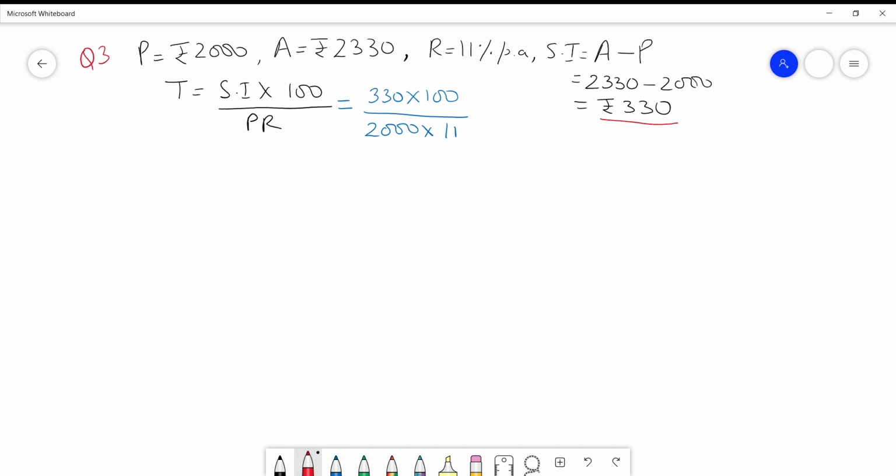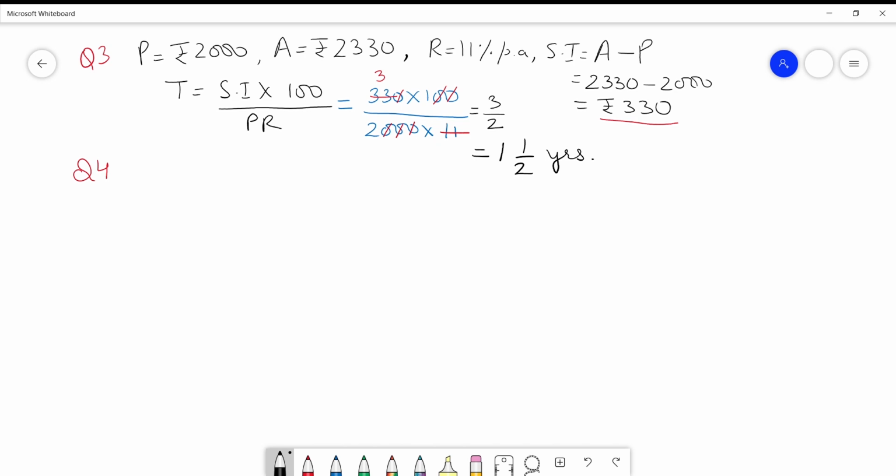Now we will cut 3 zeros with 3 zeros, then 11 3s, and what we got is 3 by 2, and further it can be converted into 1 by 2, and this is time, so we will write in years. So we get 1.5 years. Coming to the fourth question.